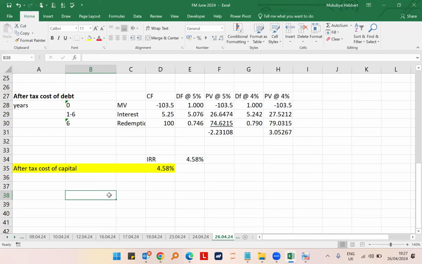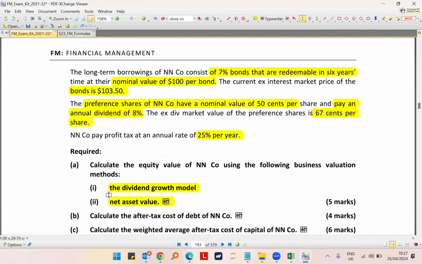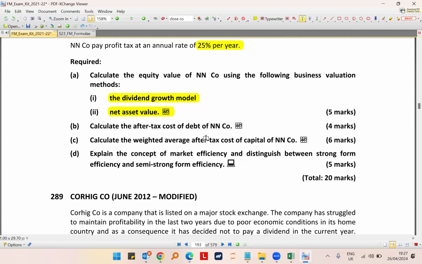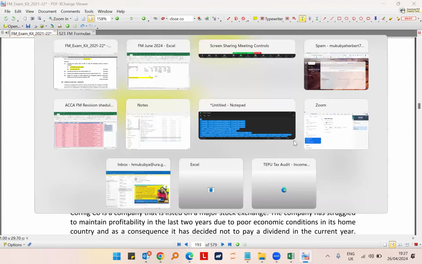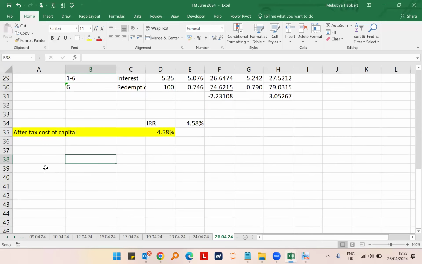So moving on, they want us to also calculate the weighted average after-tax cost of capital for NN. For you to get weighted average after-tax cost of capital, and this one is actually cost of debt, not cost of capital, sorry, because we have been calculating debt.